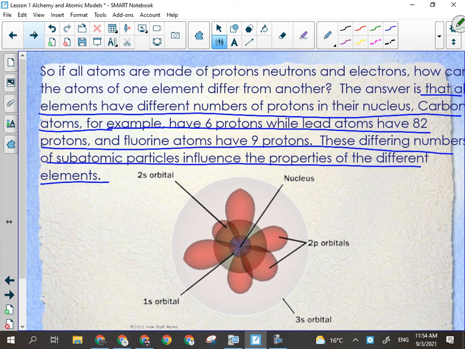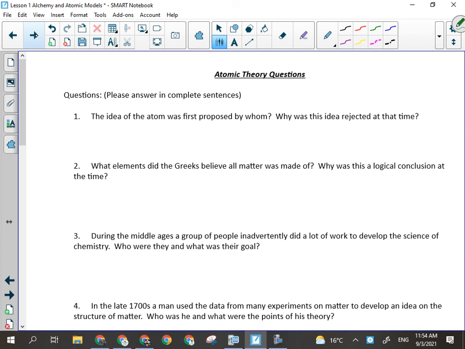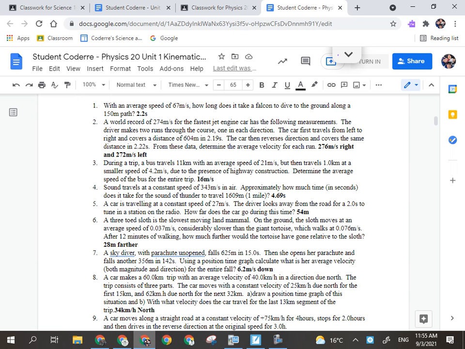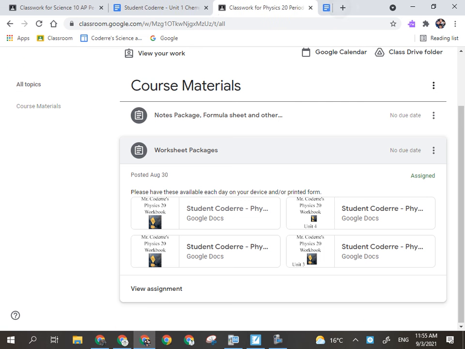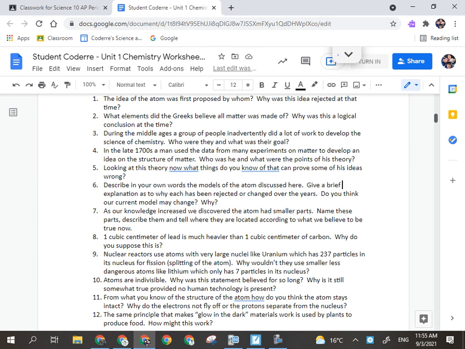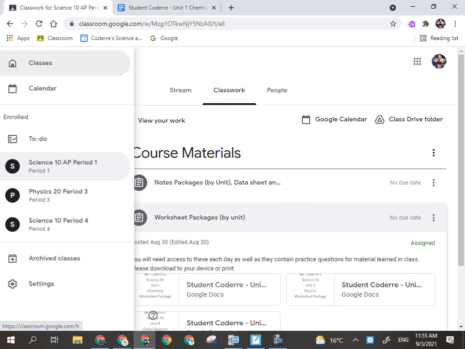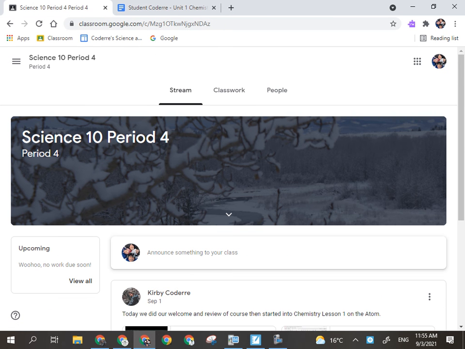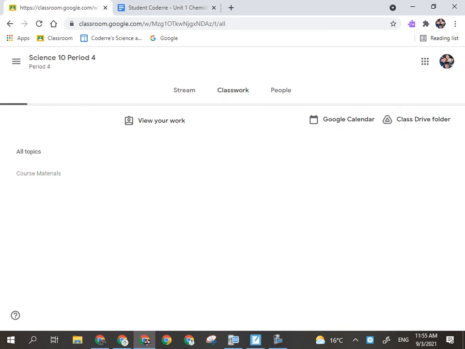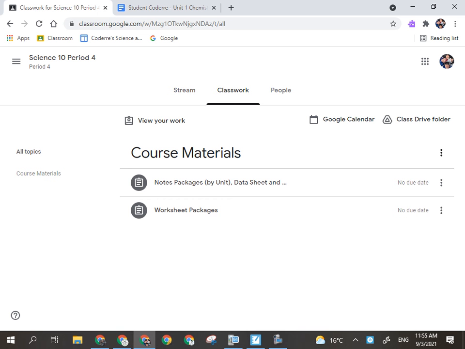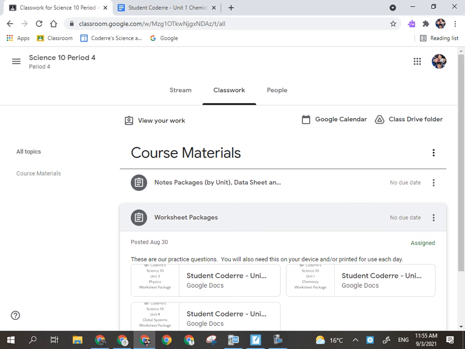Okay, anybody still need that? All right, in your worksheet package, okay, so if we go to Google Classroom and we go to the class work tab, the worksheet packages, that's where you need to go, and you need the one for chemistry.